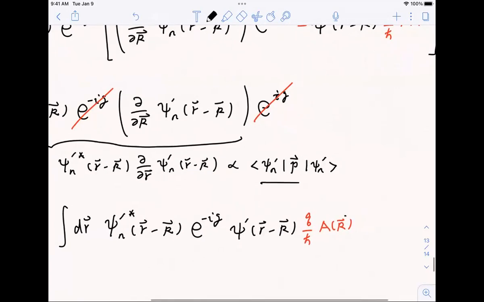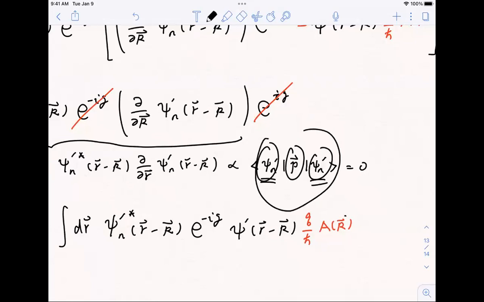So this is zero. Why? Because these two have the same parity. It's in a box, right? All the eigenfunctions have a parity. This one is a vector, so it has an odd parity. These two have the same even parity, so this whole thing has an odd parity. The only constant with odd parity is zero. So this thing is zero.